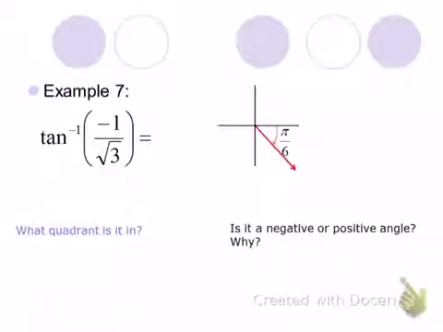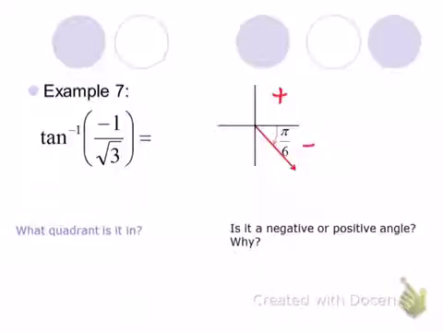Because the tangent is positive in the first quadrant, and the tangent is negative in the second quadrant. And so the angle we're going to use is pi over 6 in the fourth quadrant. Which pi over 6 value in the fourth quadrant do we use? Can we use 11 pi over 6?